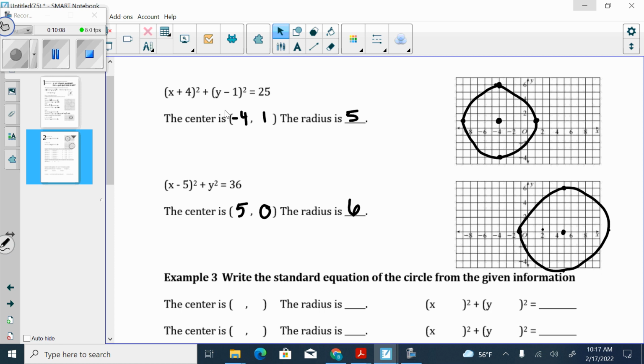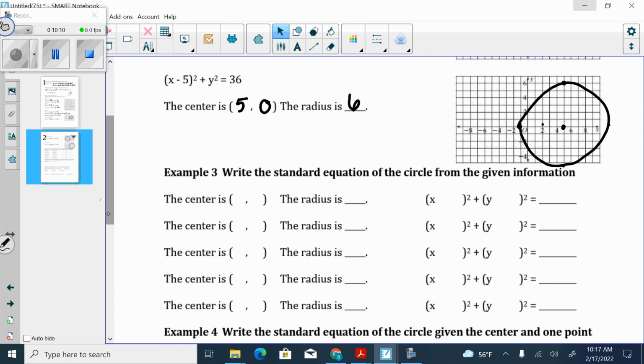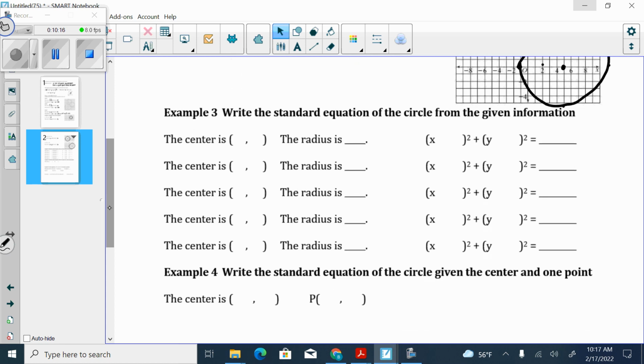In this next section, it says to write the standard equation of the circle from the given information. So I'm going to fill in this column here. You go write the equation for what I give you. Okay, so first one, the center is going to be at 4, 7, and the radius is going to be 5.